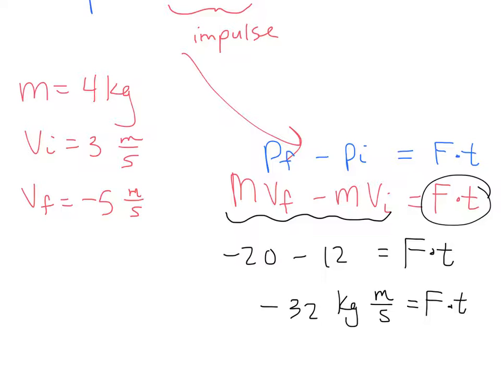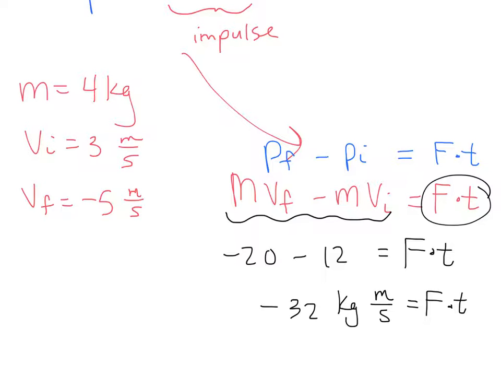All right? Now, that might be part A to a problem. And then in part B it says, the object is in contact with the wall for 0.3 seconds. Determine the force on the object. So what do you do? You don't need to redo the problem.